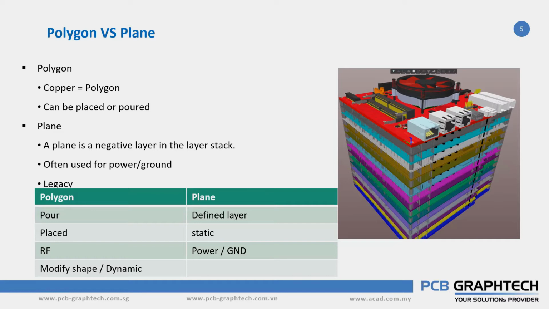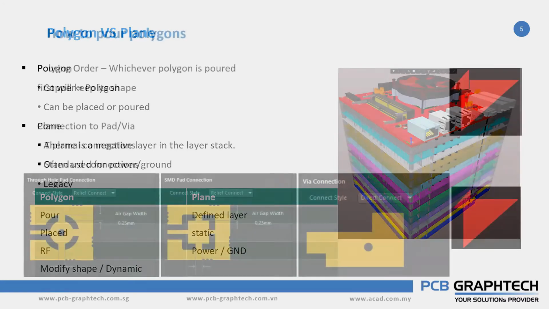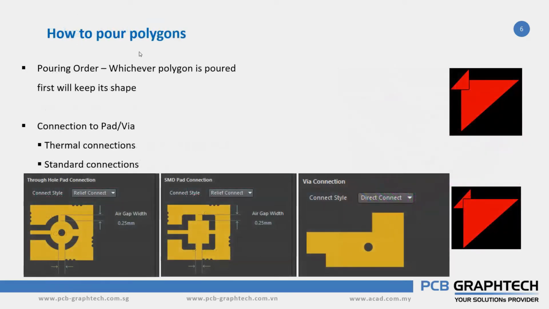Normally this is used in the legacy versions, but we are not using it anymore now. This plane is called a static element because it already has copper stuck in it.